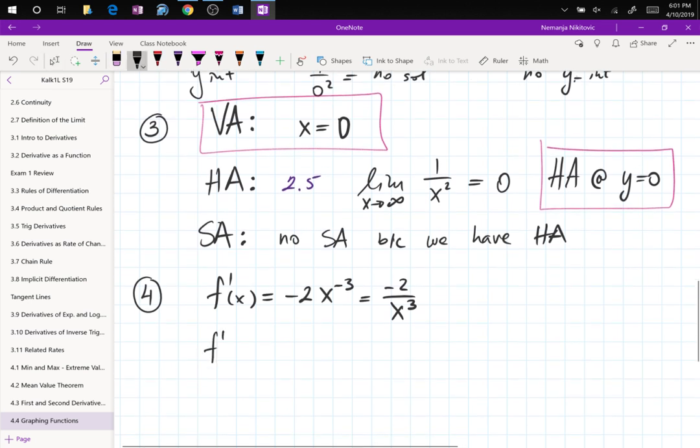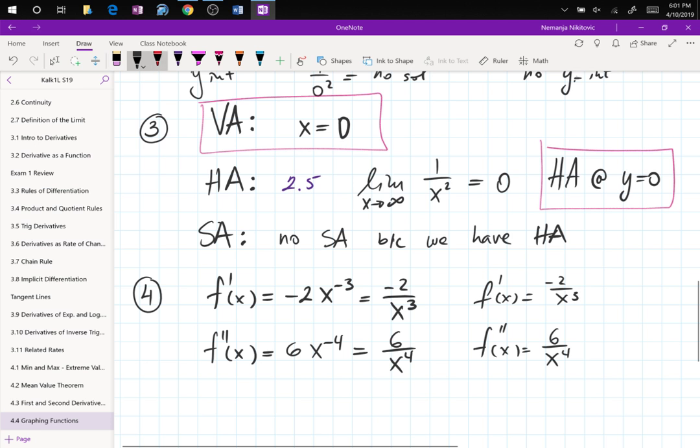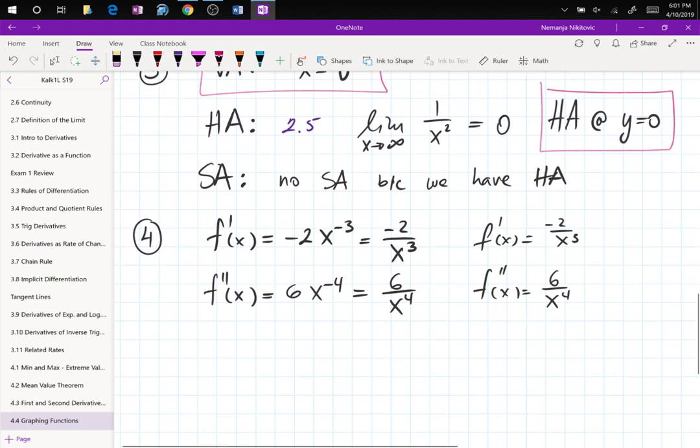And for the second derivative, you are going to have 6x to the negative 4. So you have 6 over x to the 4. So f prime of x is negative 2 over x cubed, and f double prime of x is 6 over x to the 4. I boxed this because I need them, right? You are not graphing these, but I have to box them. Let's box them blue.